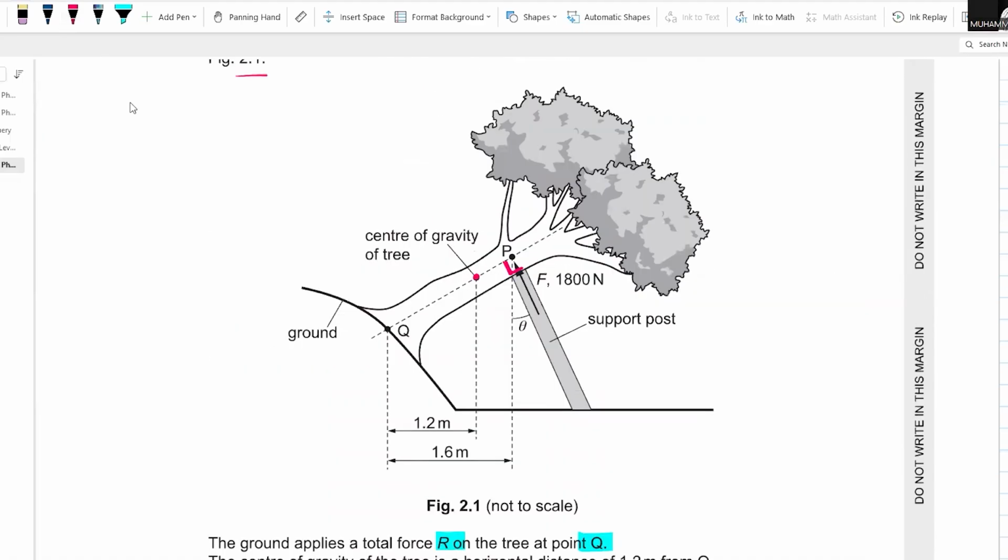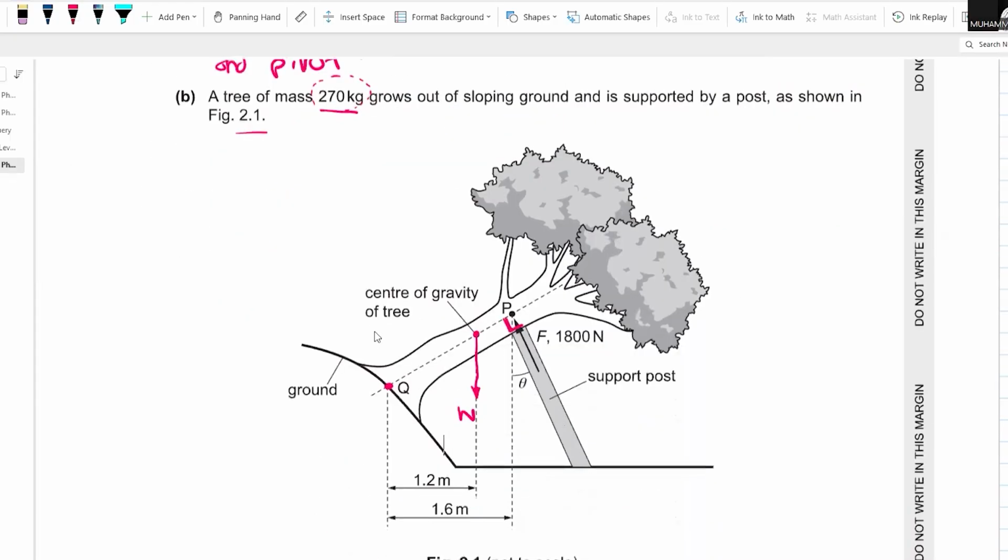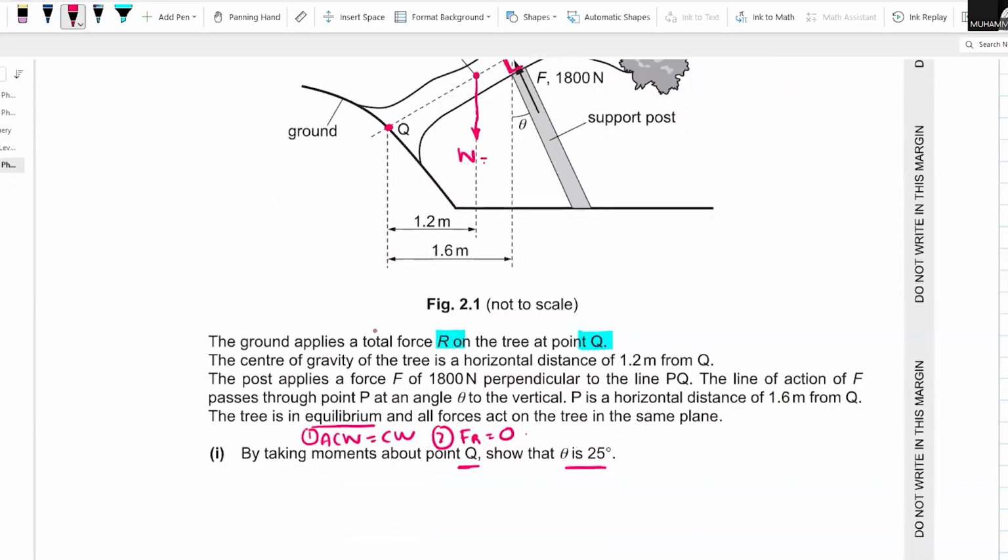If we take moments about this point Q, what are the two forces that will be acting? First of all, we have the weight of the tree. What is the mass of the tree? 270. The weight of the tree will be 270 into 9.81. This comes out to be 2650. The weight of the tree comes out to be 2650 Newton.